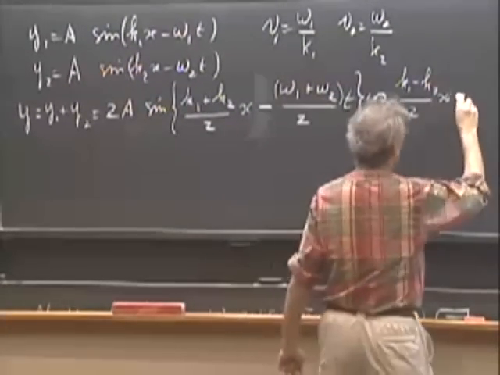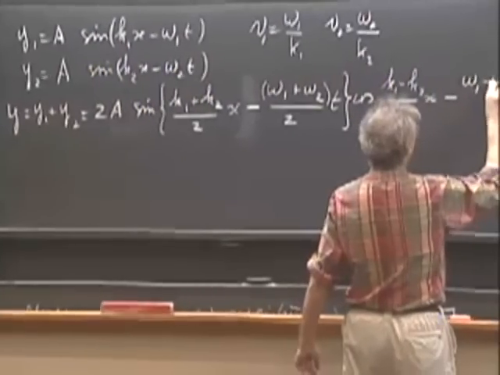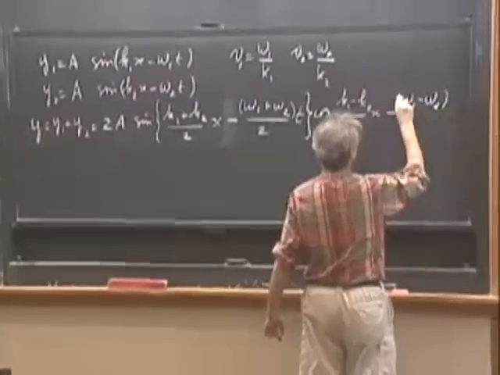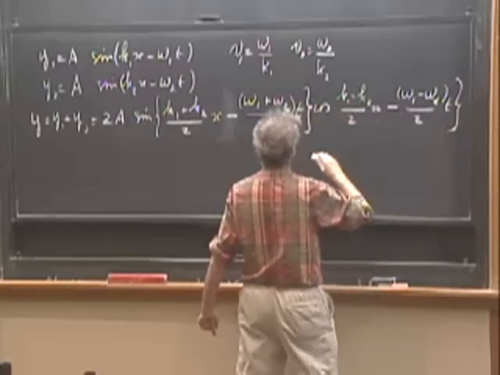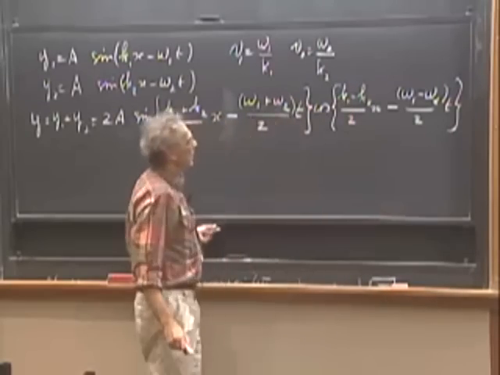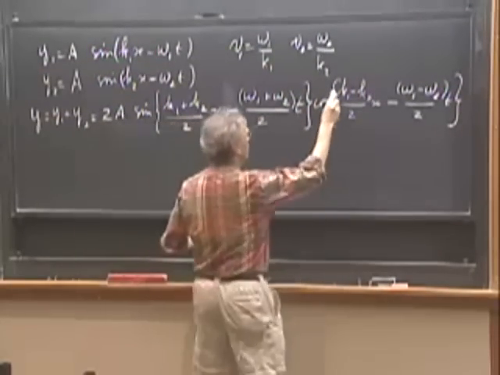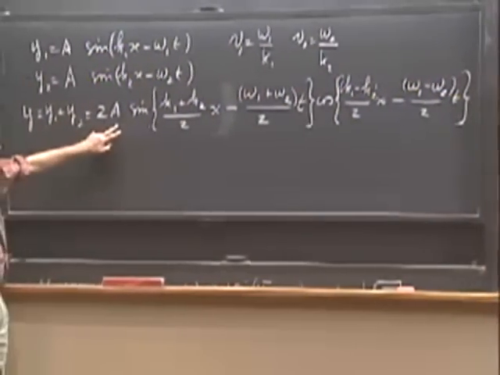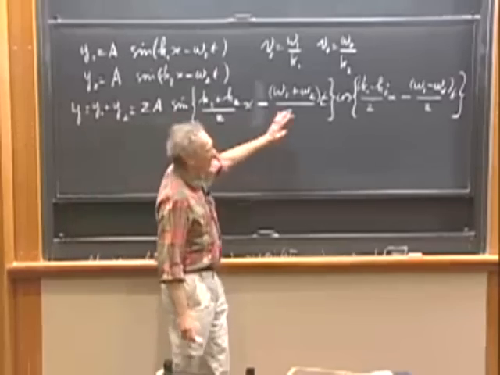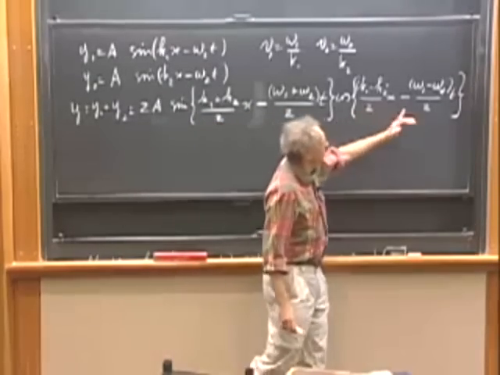And now I get minus (omega 1 minus omega 2) divided by 2 times t. So look closely at what I have done here. I've added two sine curves. I get twice the amplitude, the sine of half the sum times the cosine of half the difference.